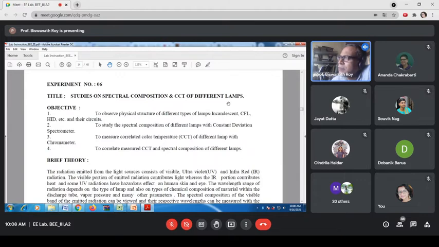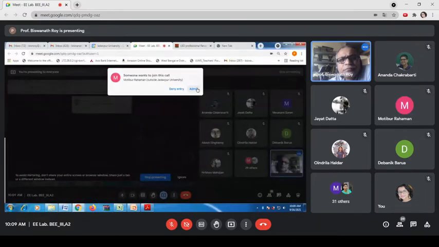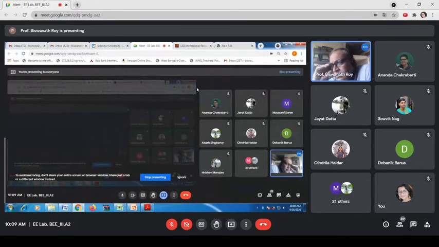When we feed electrical power to a filament lamp, what we get is optical radiation comprising ultraviolet radiation, visible radiation, and infrared radiation, right?